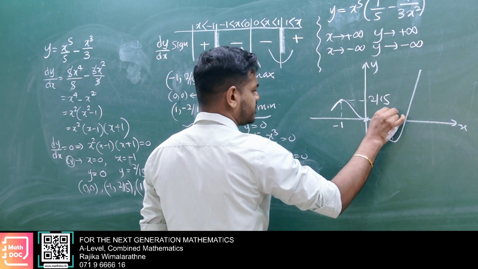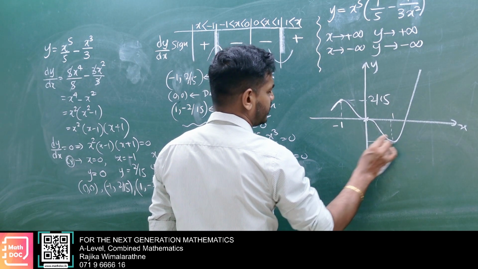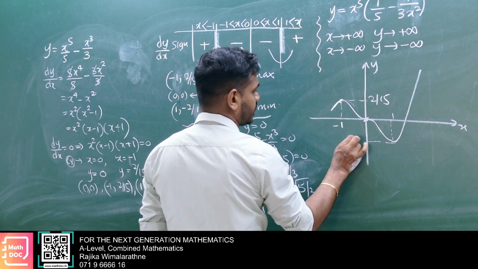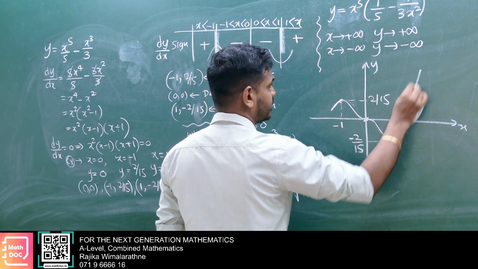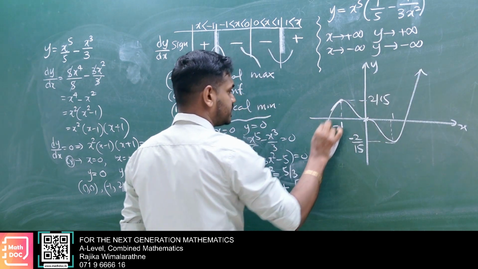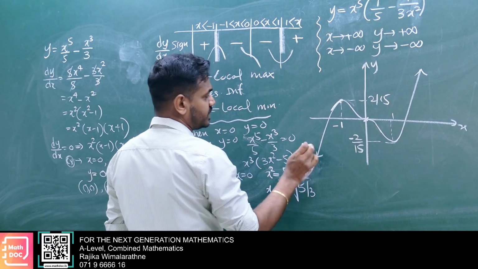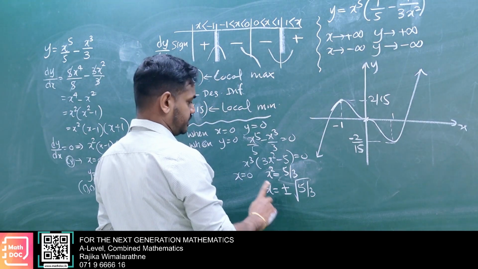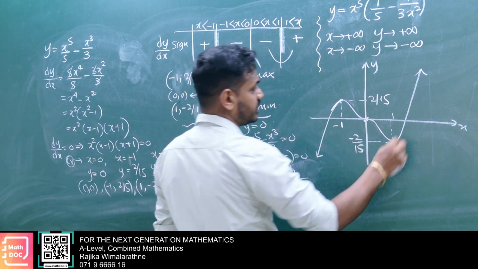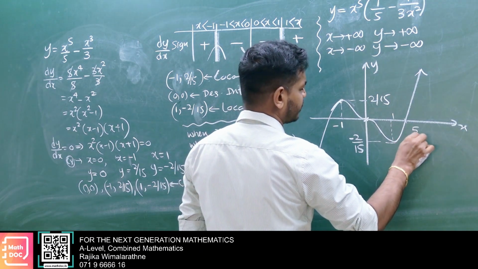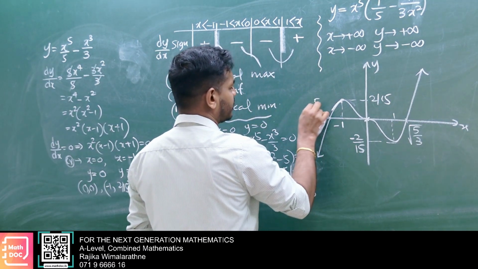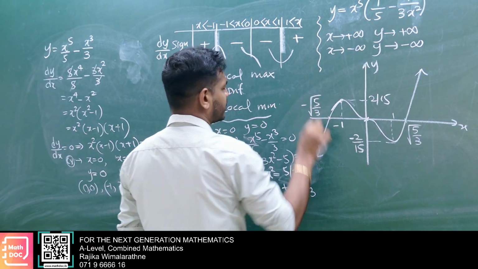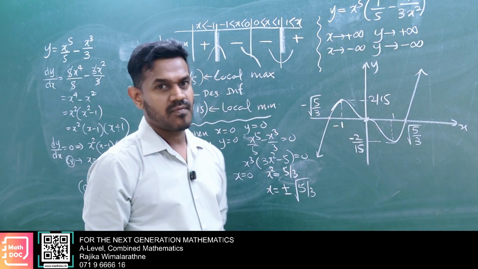Then here at 1 is the local minimum, minus 2 over 15. As x goes to plus infinity, y goes to plus infinity, and as x goes to minus infinity, y goes to minus infinity. The x-intercepts are 0 and plus or minus root of 5 over 3.